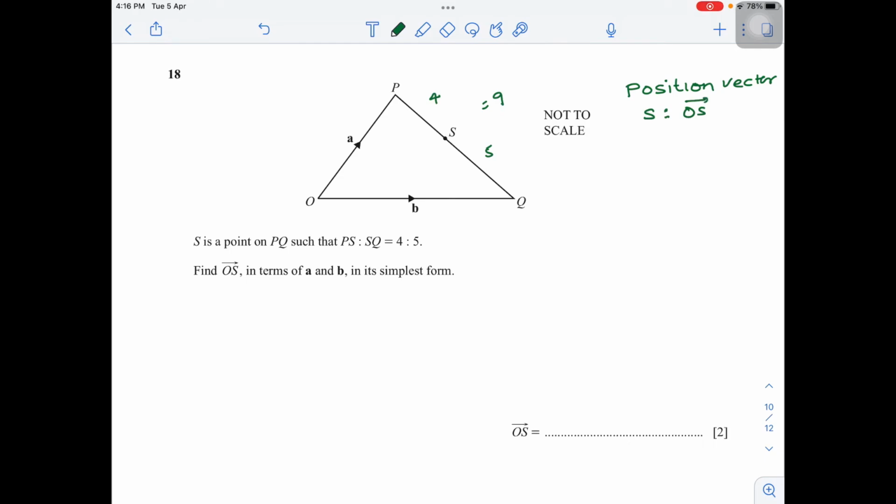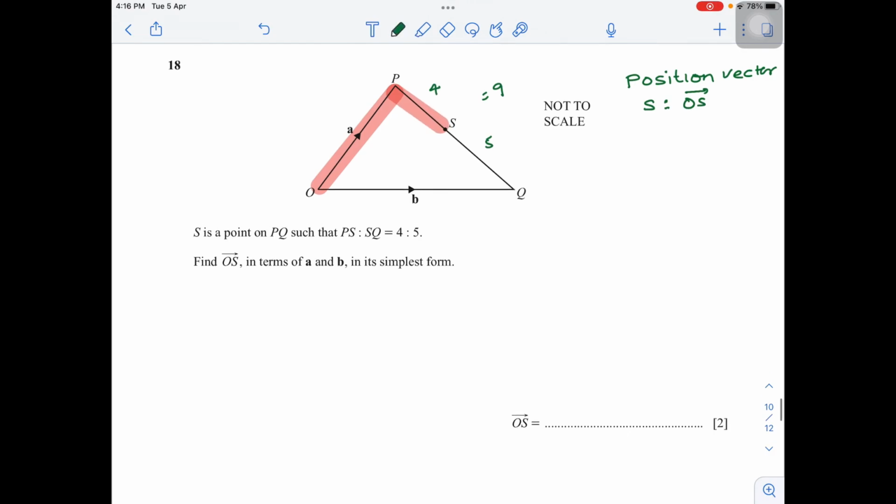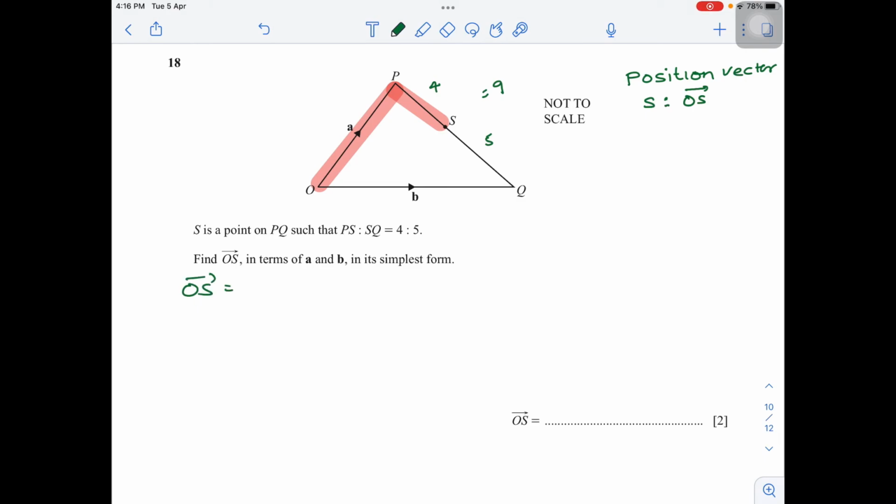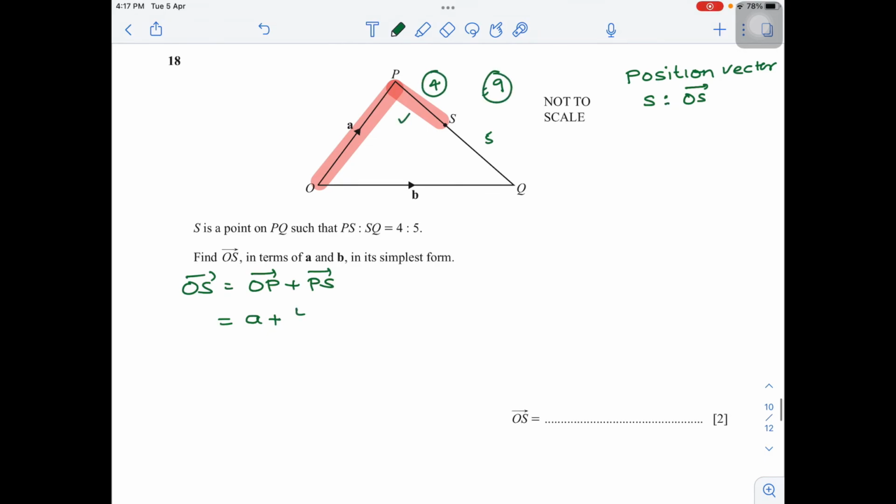Alright. Now OS is O to P and P to S. So OS is O to P plus P to S. O to P is A plus P to S, this is just 4 parts out of 9 parts.